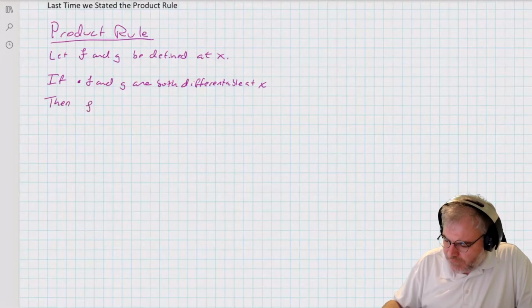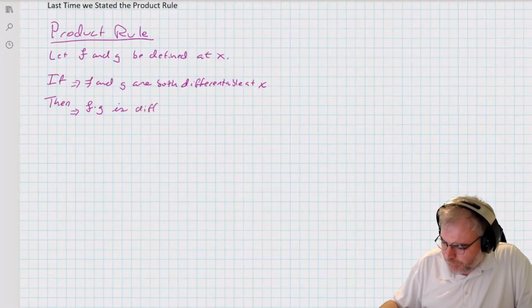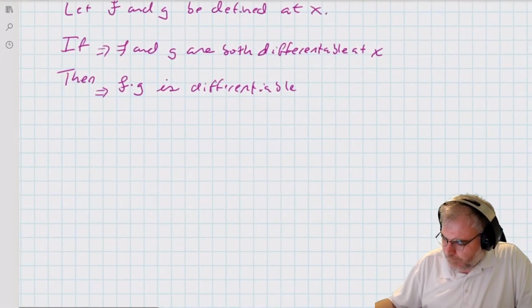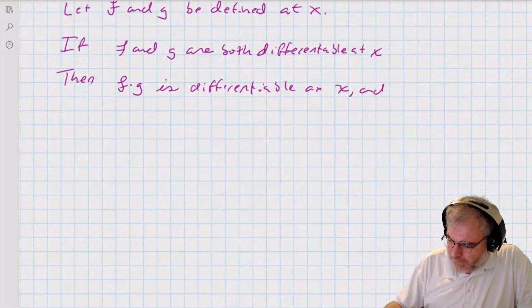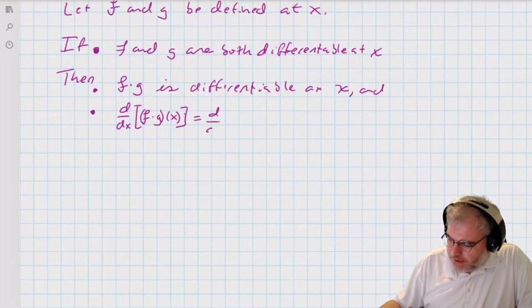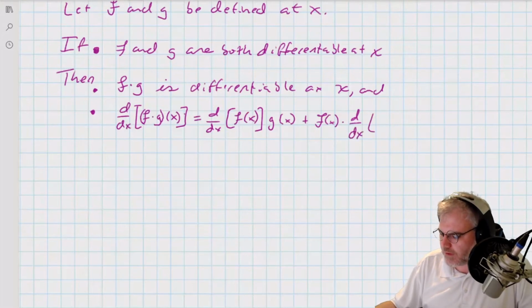then f times g is differentiable at x. And d over dx of f times g of x equals d over dx of f of x times g of x plus f of x times d over dx of g of x.